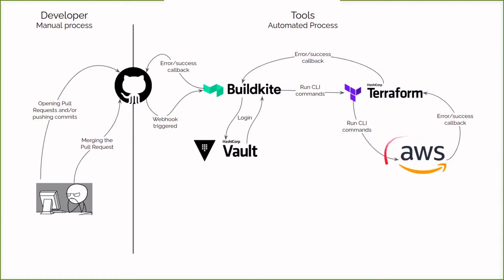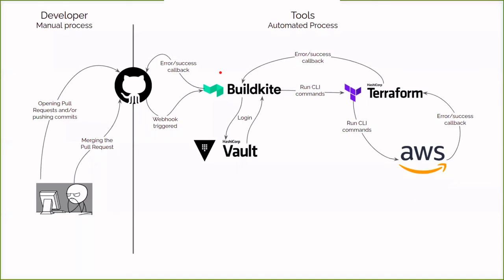So this is the last step of our pipeline here. The AWS API calls will return an event that could be an error or success event. And this event will be called back to Terraform with an error or success.